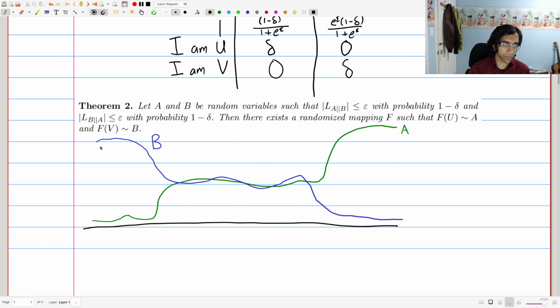So this is the case where the PDF of B is much greater than the PDF of A assigned to X, and by that, I mean it's greater than e to the epsilon times that. So what we can do is, if we have a sample, if it outputs "I am v" here, then it would map to this subset of the domain where it's unbounded here.